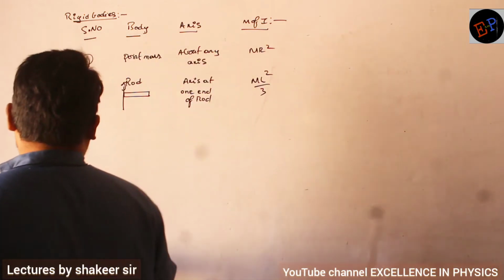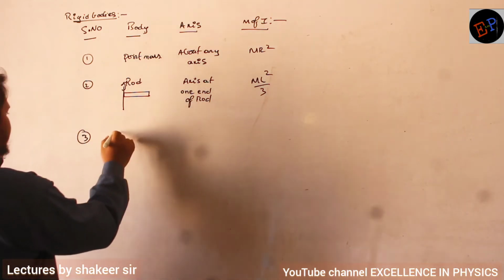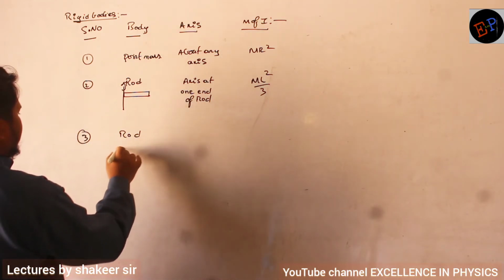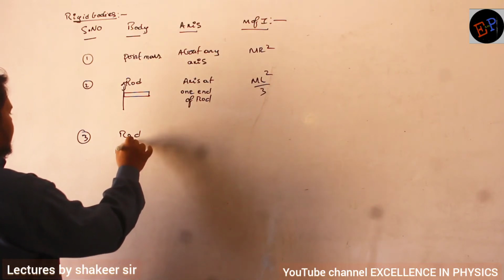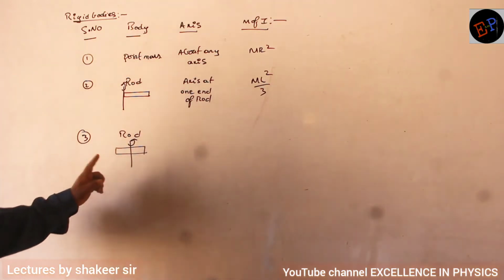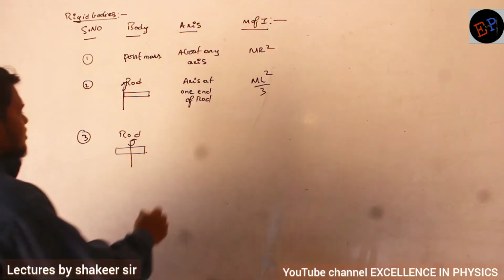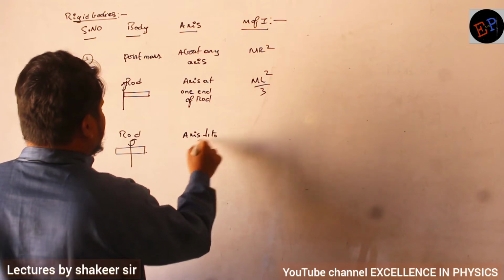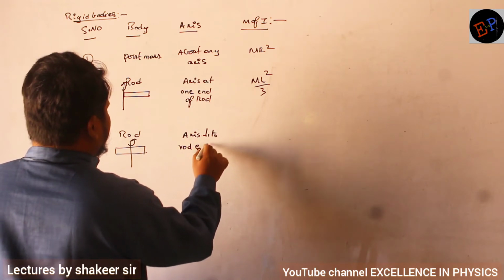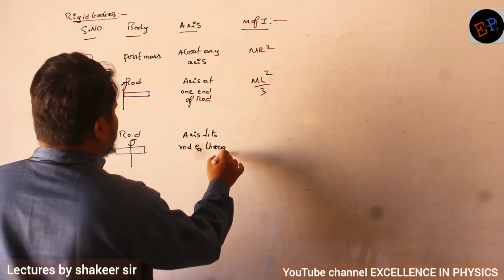Third one: again the same rod, but now the axis of rotation is at the center of the rod. The axis is perpendicular to the rod and passing through the center of mass.